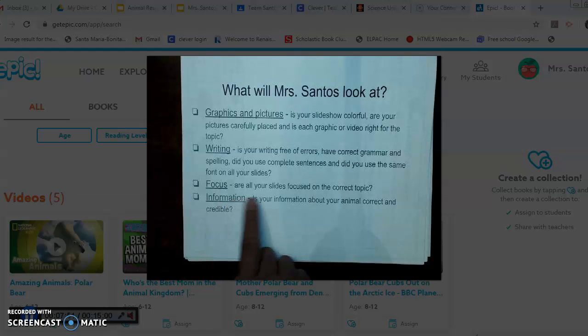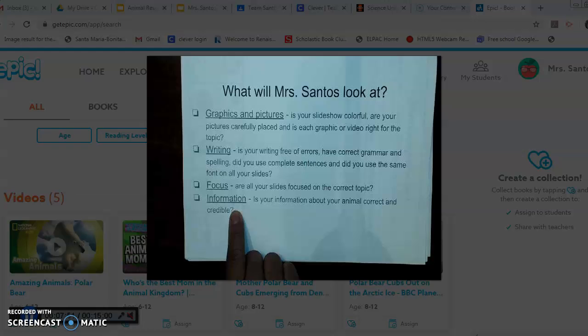Are your slides staying focused? Are they on topic? If you're talking about your animal's diet, what it eats, are you including pictures about what it's eating? Are you writing about how it is an excellent swimmer? No, it is about their diet, so make sure you're talking only about their diet, okay?